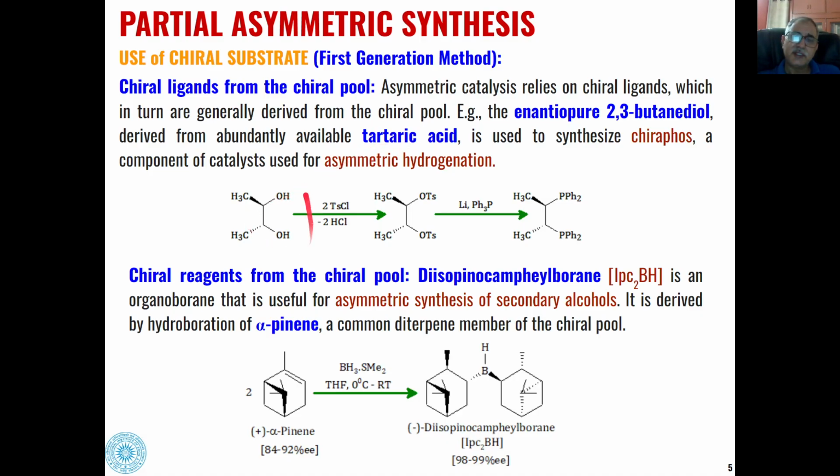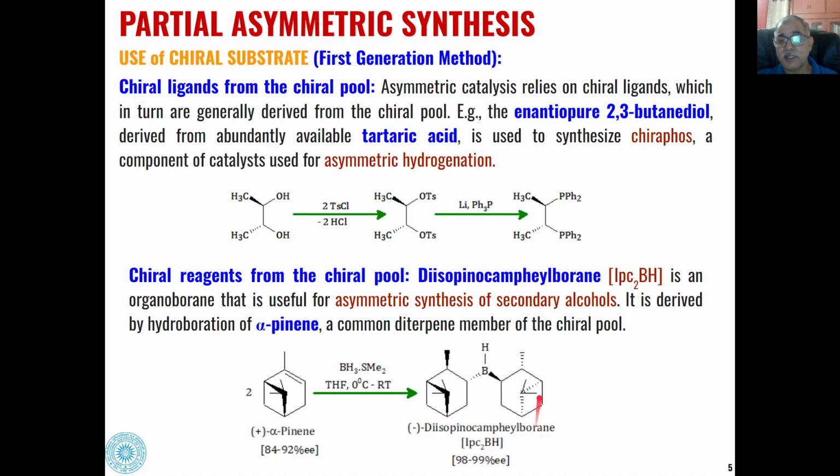So first tartaric acid is converted into this enantiopure 2,3-butane diol, and when this is tosylated in presence of toluene sulfonyl chloride, the corresponding tosylate of these hydroxyl groups will be formed, and these tosylates when reacted with triphenyl phosphine in presence of lithium will be converted into this gyrophos. So this gyrophos is an asymmetric catalyst which is used for asymmetric hydrogenation reactions.